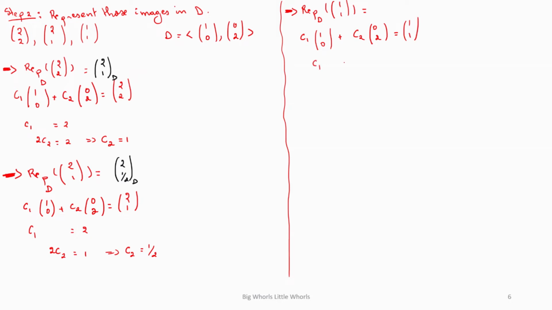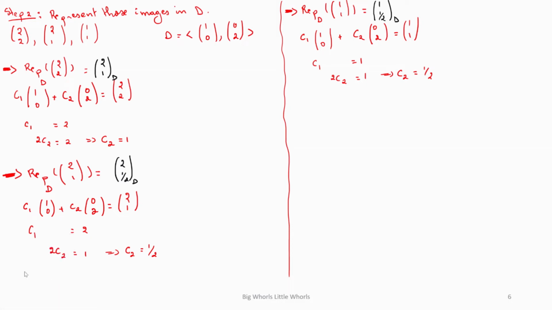So we have C1 equals 1, 2C2 equals 1. That means C2 equals a half. So the representation is going to be (1, 1/2). Okay, so that's step 2.